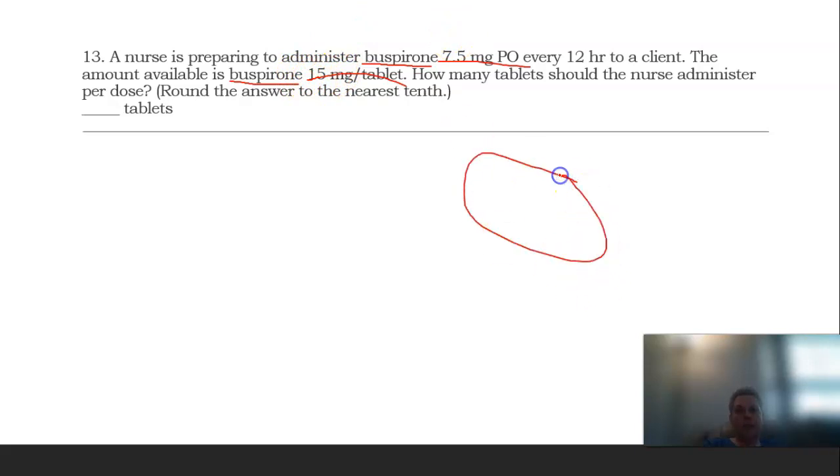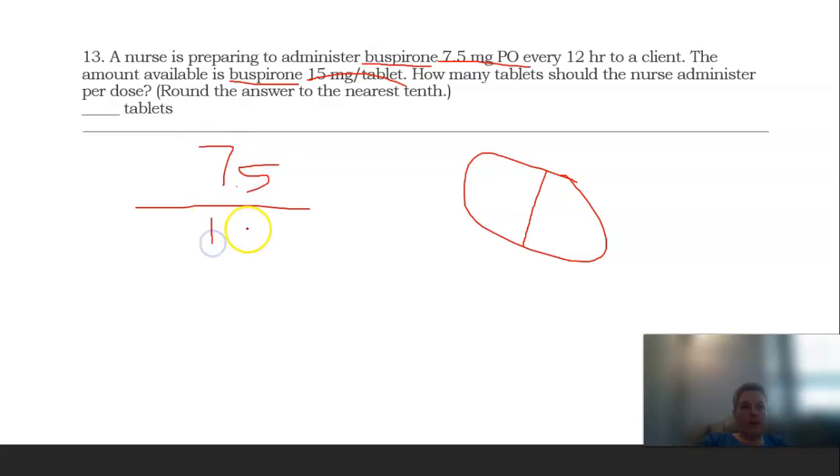If I were to split that 15 in half, how much would be on each side of this tablet? Well, 7 and 7 would be 14. So half of 15 is 7.5. So does it make sense? Set it up. 7.5 over 15 milligram tablets. So I need to give 2.